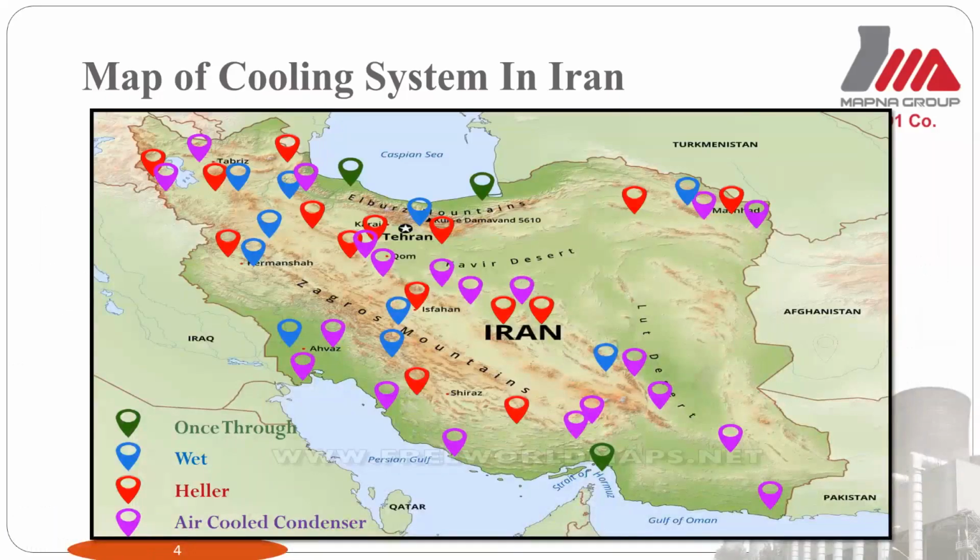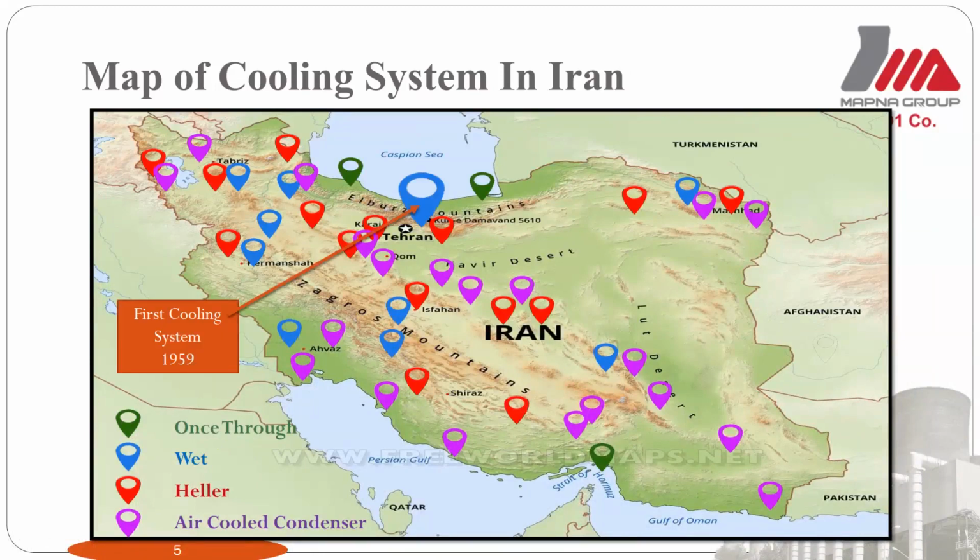You can see Mapna's map of all the different cooling systems: once-through, wet, Heller, and ACC. Do you see my pointer? Yeah, we can see it. Okay.